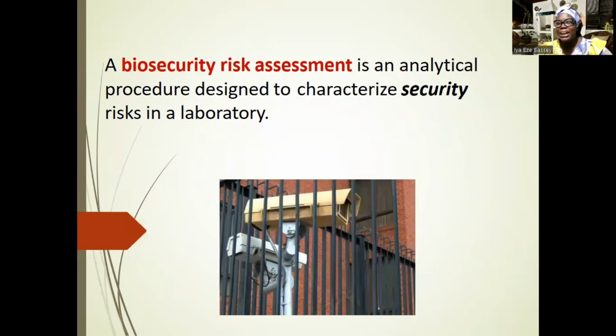On the other hand, a biosecurity risk assessment is an analytical procedure that is designed to characterize security risk in a laboratory. I kind of explained in the last video that you are not only trying to save the scientists from emissions from biological materials, injury, and all that.